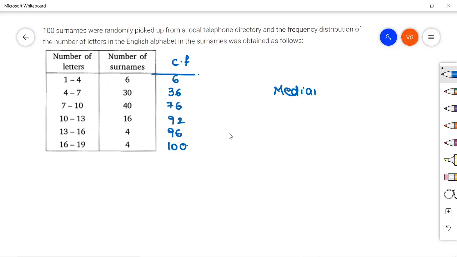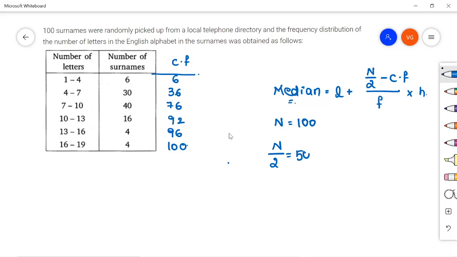Median is equal to L plus n by 2 minus cumulative frequency divided by frequency of the median class into height. So for that, first we need to calculate the median. So n is equal to 100, n by 2, that is 50. So we have to select the cumulative frequency that is just greater than 50. It is nothing but 76.